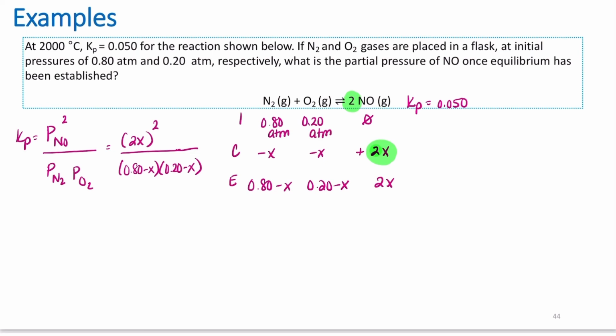So, again, you haven't learned the 5% rule yet, but you're going to learn it soon, and it's a lot easier. I'm going to assume these x's are really, really small, so I can ignore them. Because if they're small and I can ignore them, it makes my math easier.